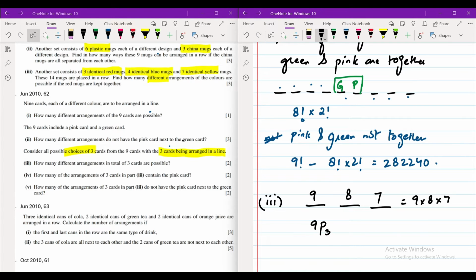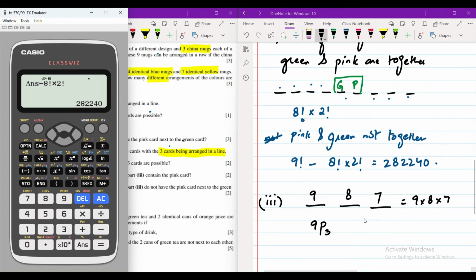It's 9p3. So this is exactly the same as 9 times 8 times 7. So 9p3, that is equal to 504. If you just want to make sure that this is correct, so 9 times by 8 times by 7, that is 504. So that means they're equal.